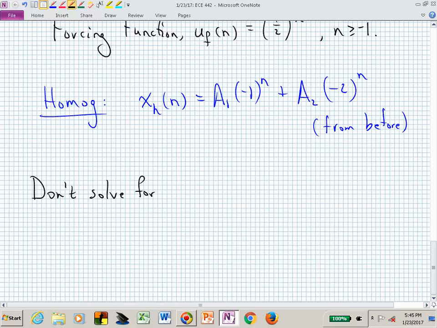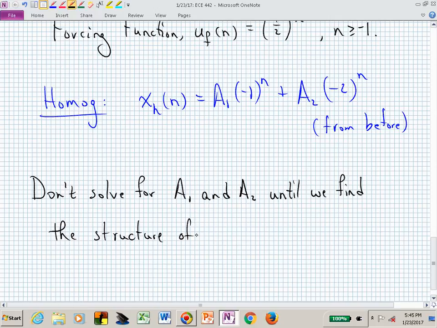Now, don't solve for a1 and a sub 2 until we find the structure of the complete solution.